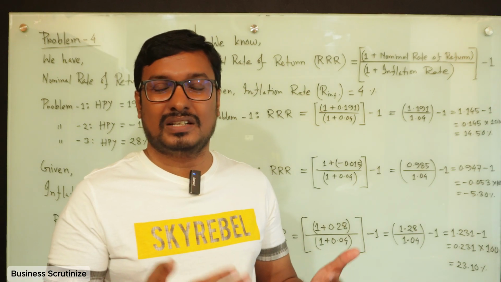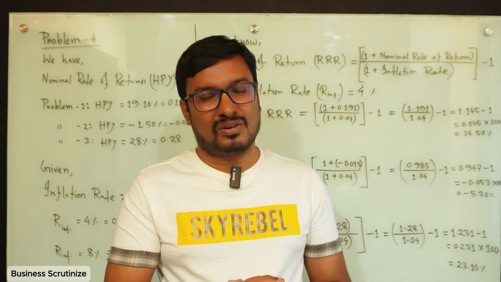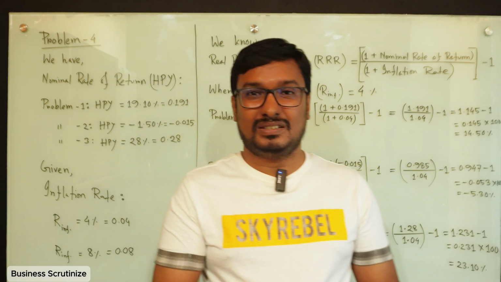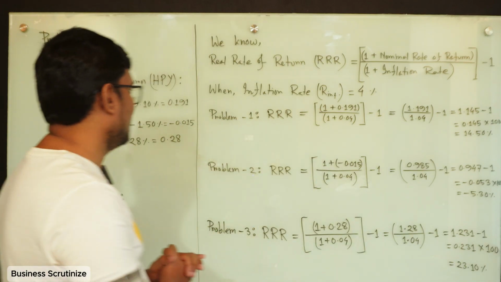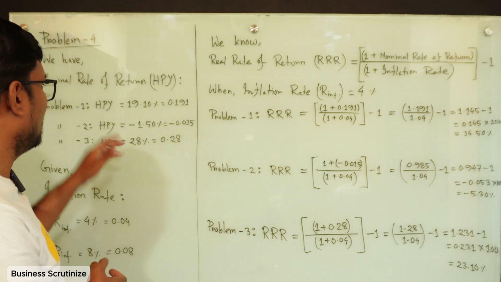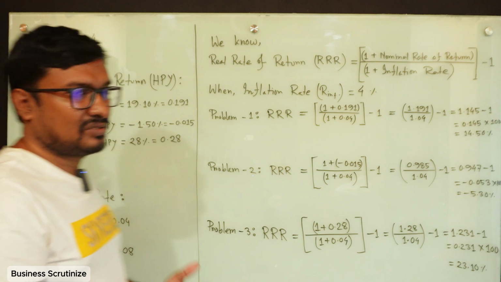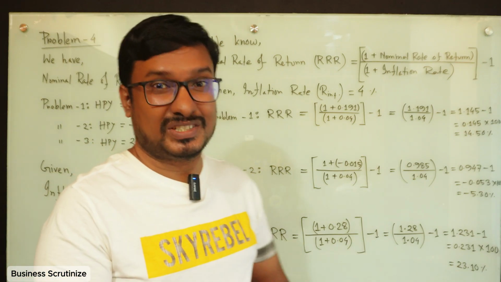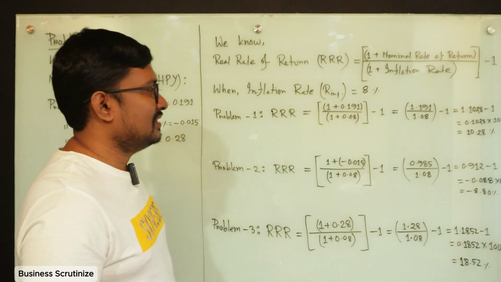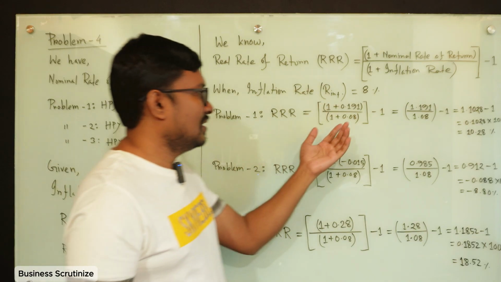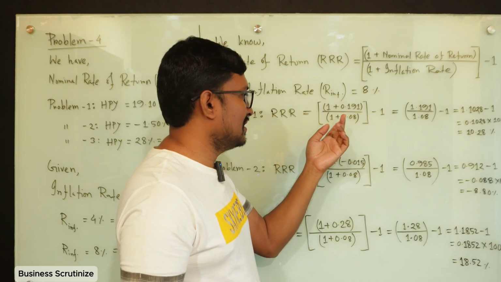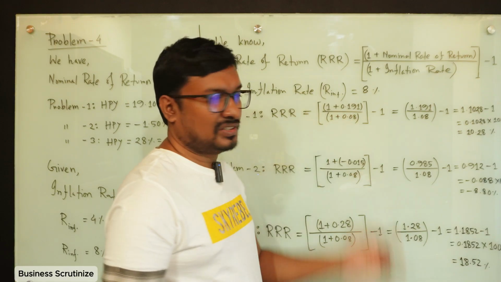Now we will see the next part, where the inflation rate is 8%, and what the real rate of return should be on the basis of the given nominal rates, or HPY, in this problem: 19.1%, minus 1.5% and 28%. When the inflation rate is 8%, we just change the inflation rate in the denominator to 1 plus 0.08.